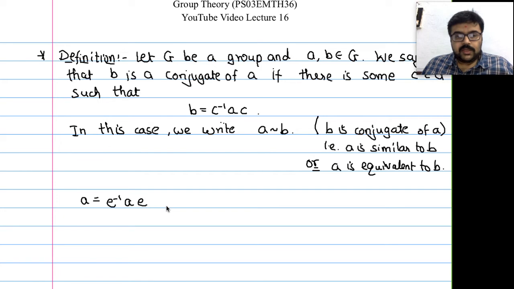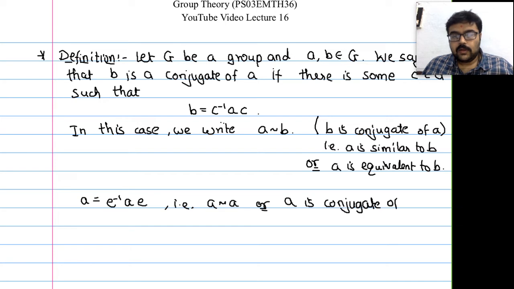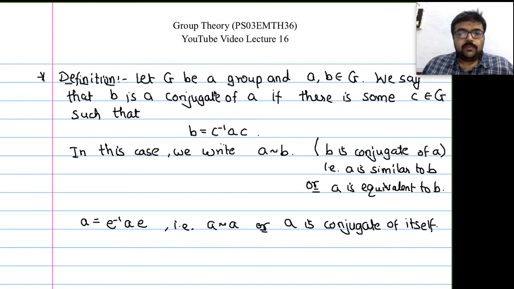So A is a conjugate of A, A is conjugate of itself. B is a conjugate of A if B equals C inverse A C for some C. So A is always conjugate of itself.